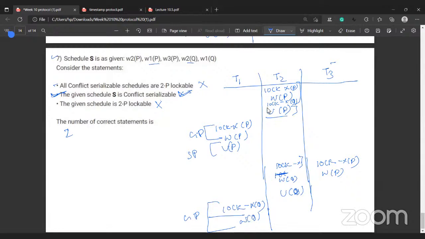So if you apply lock Q here, this is the growing phase, then shrinking phase. So that's why it is written so to follow 2PL. You can also apply lock SQ here.